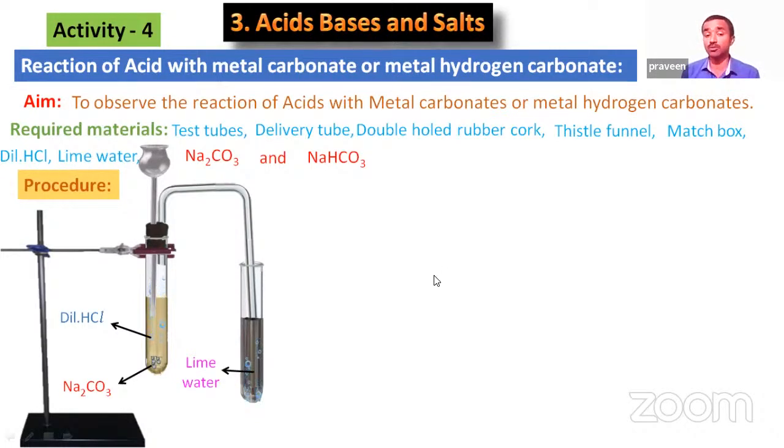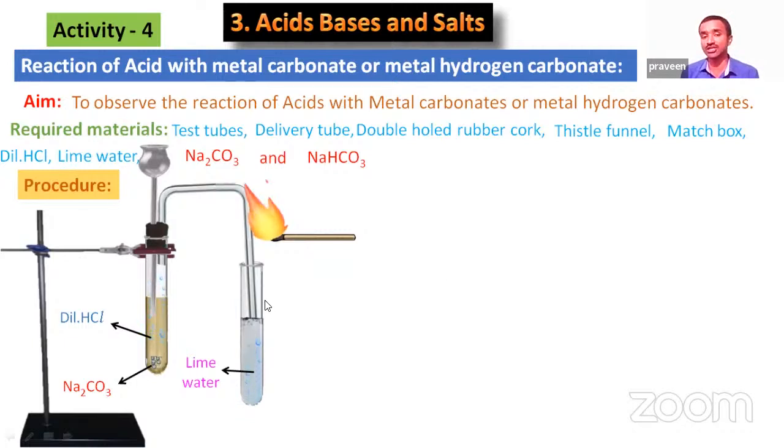Observe that the lime water solution slowly turns milky white. That milky white color gives an idea about the liberation of a gas. Which gas turns lime water milky white? That is carbon dioxide. Here you can also bring a lighted matchstick to the mouth of the lime water solution.